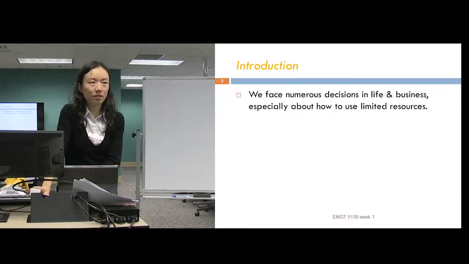A very basic example: if you live off campus, every day when you come from home to campus, you try to figure out the shortest way to go. That's a basic OR problem. And what is the limited resource we're dealing with in this case? Time. You always want to use the shortest time to get to the place.